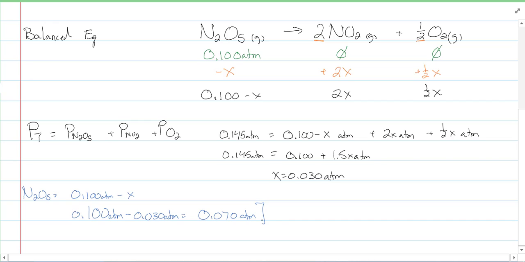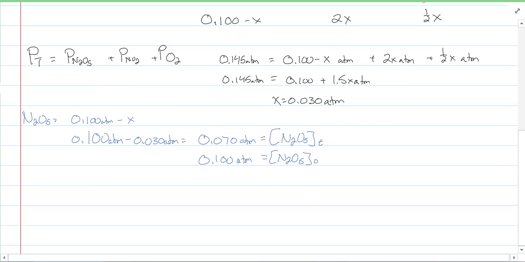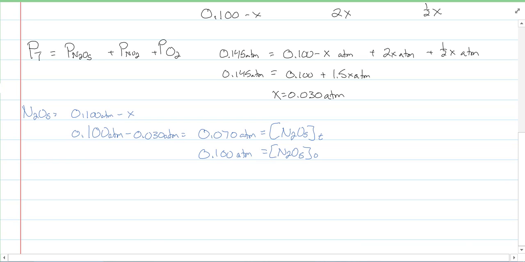So that is the concentration of N2O5 at time t. And of course, 0.1 atmospheres is the concentration of N2O5 at time 0. So now we got our first order rate law.